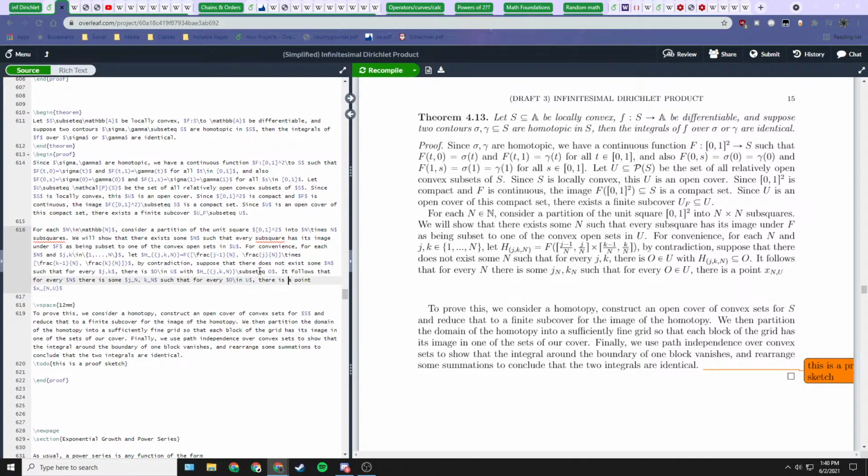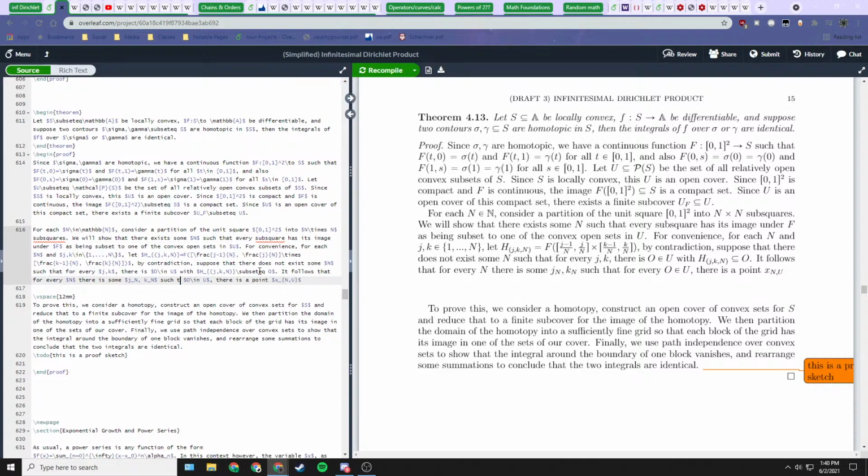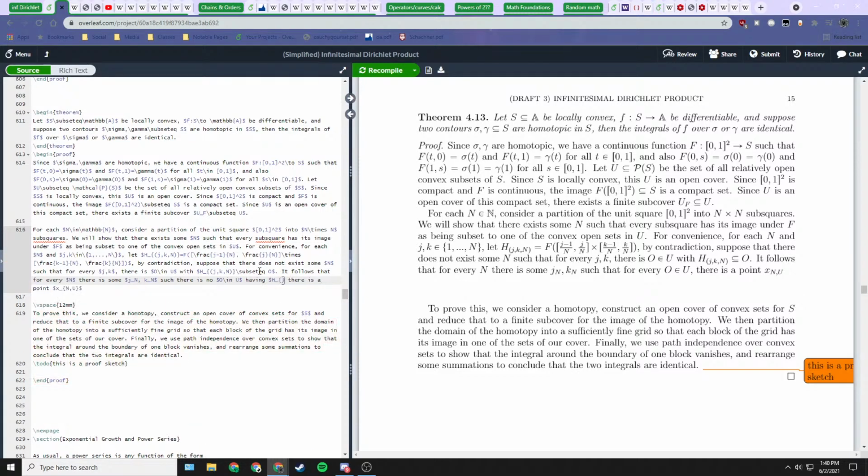Let's actually be more vague: such that there is no O in U having h sub j sub n, k sub n, n a subset of O. So what we're going to do is actually just find a limit point.